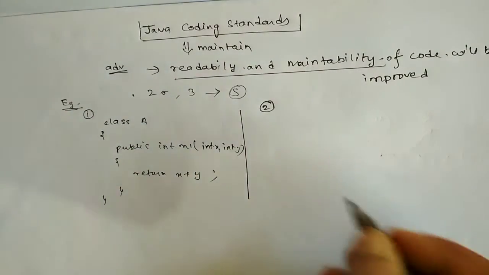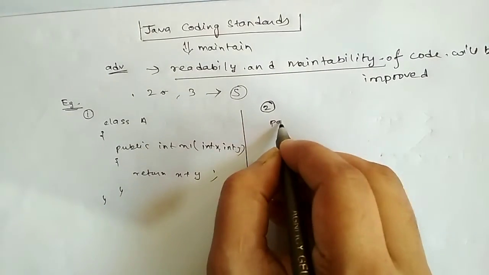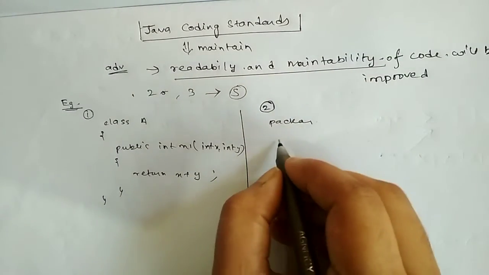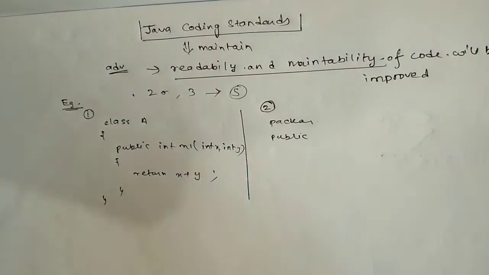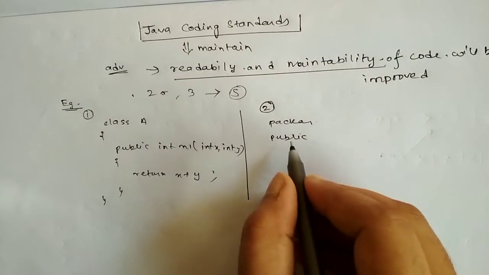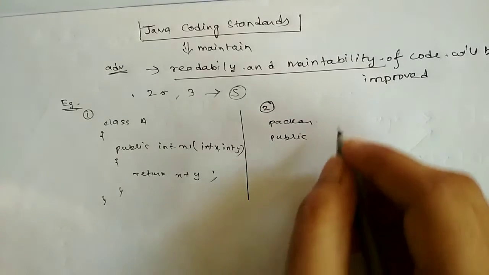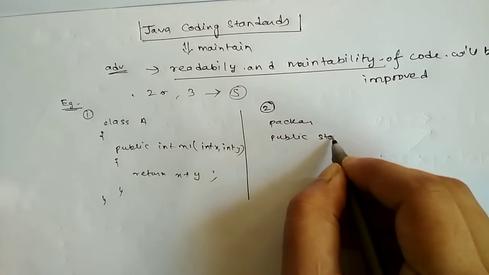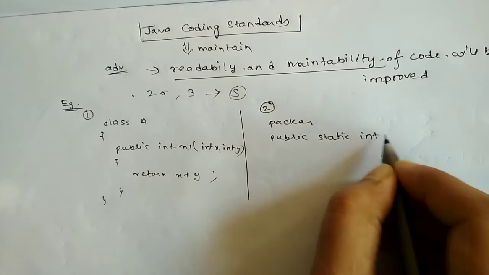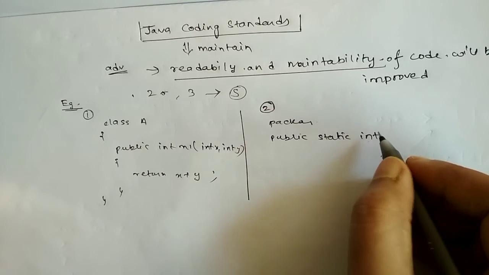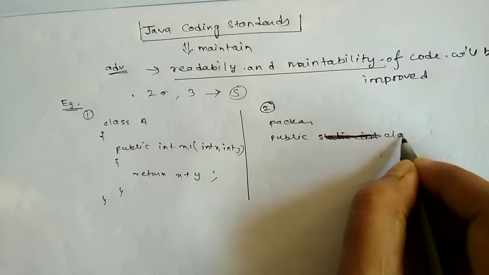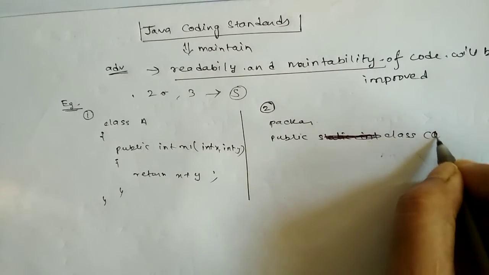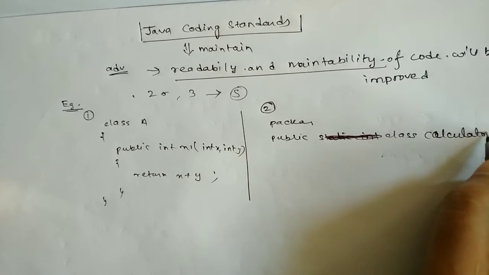In the second way, we first write the package, and then we declare the class with proper modifiers: public class Calculator.